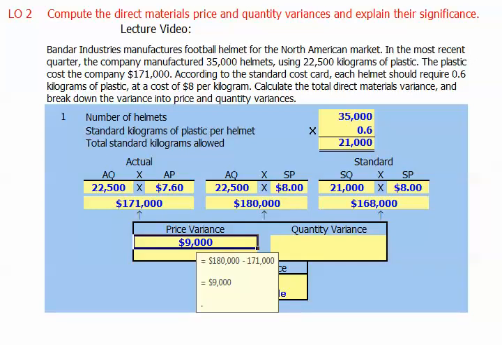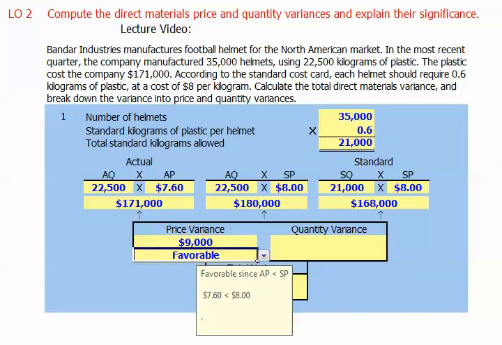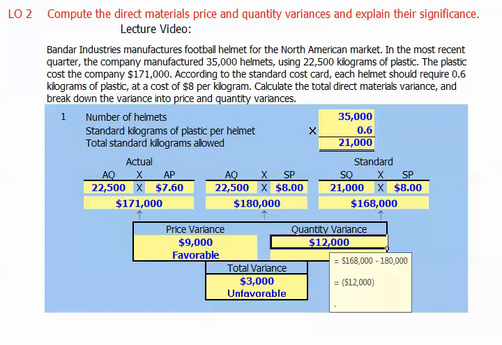Now our price variance will be $9,000. That's the difference between the 180 and the 171,000. And we can tell our variance will be favorable since the actual price we paid of $7.60 is less than our standard price of $8 per kilogram. Our quantity variance is the difference between the 180 and the 168,000. It's $12,000, and again, by convention, we show our variances as positive amounts.